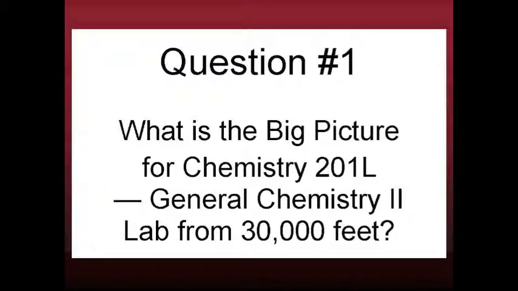What is the big picture for Chemistry 201 lab from 30,000 feet? In Chemistry 201 lab, you will perform experiments about equilibrium, thermochemistry, electrochemistry, acids and bases, and reaction rates. Keep on track with obeying the rules of significant figures, since this is the base of any lab at the time you are performing any calculation and when you're plotting your data in your data sheets.